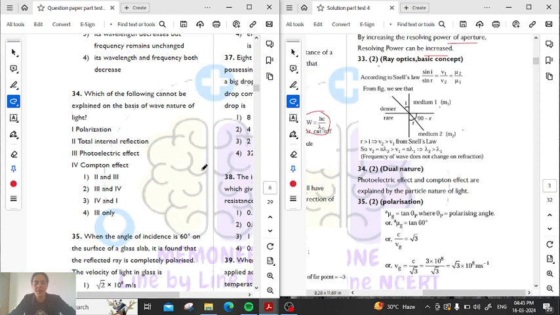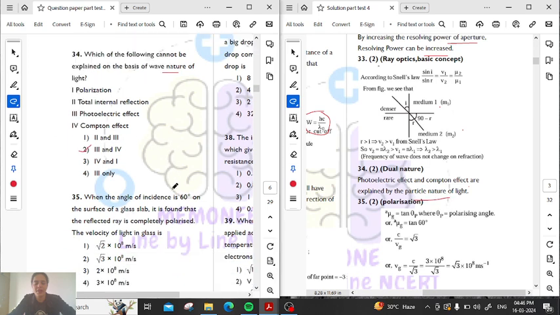Among these, which cannot be explained on the basis of the wave nature of light: polarization, total internal reflection, photoelectric effect, Compton effect? Polarization can be explained by wave nature. The photoelectric effect and the Compton effect are explained by particle nature. So option number 2 is your correct answer.